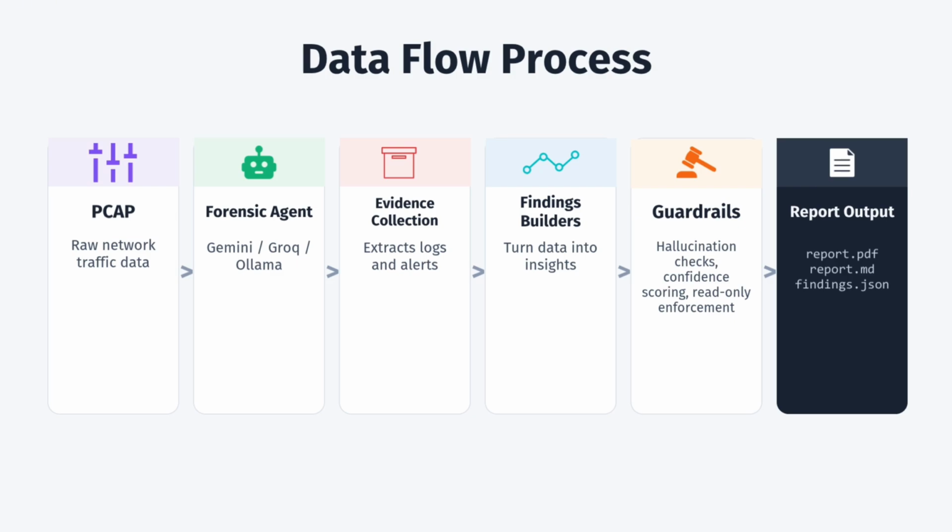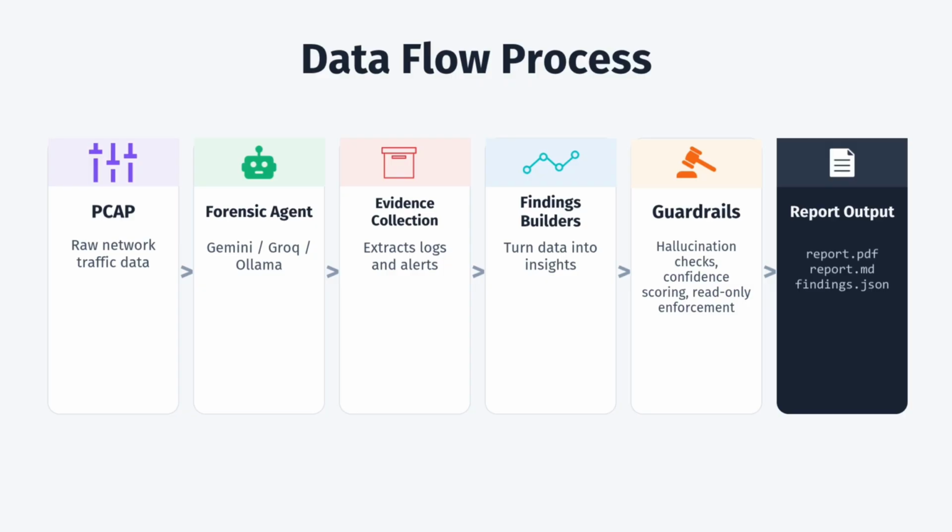To summarize the data flow process, it begins with the raw input data, which mainly consists of PCAP files, but the system can also detect Zeek logs and Suricata alerts based on the file name. The agent then enters the tool-use loop, where the LLM is given a system prompt describing all available tools and iteratively decides which one to call.